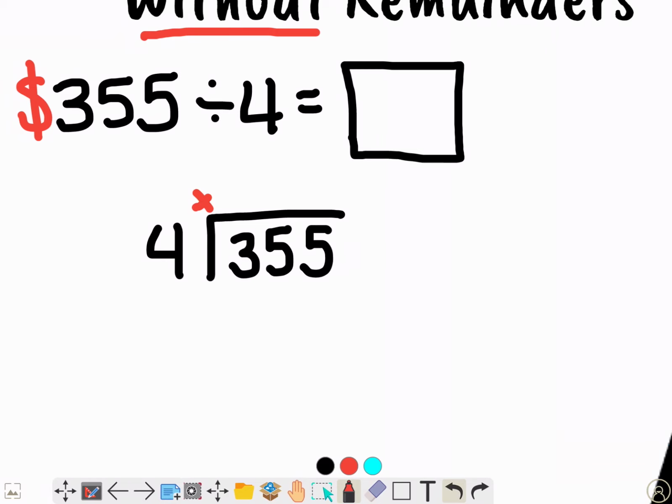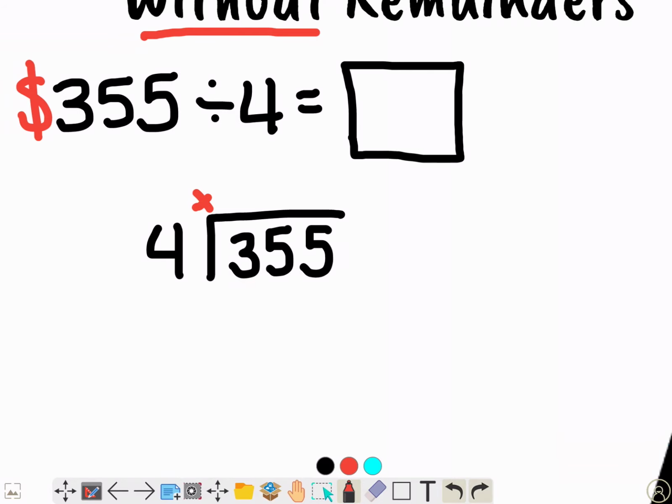Well, if I look at my hundreds, 4 can't go into 3. So it's saying if I have 3 $100 bills and I have 4 people, we don't have enough money for each person to get a $100 bill. But if I change those 3 $100 bills into 35 $10 bills, well now I could do that.